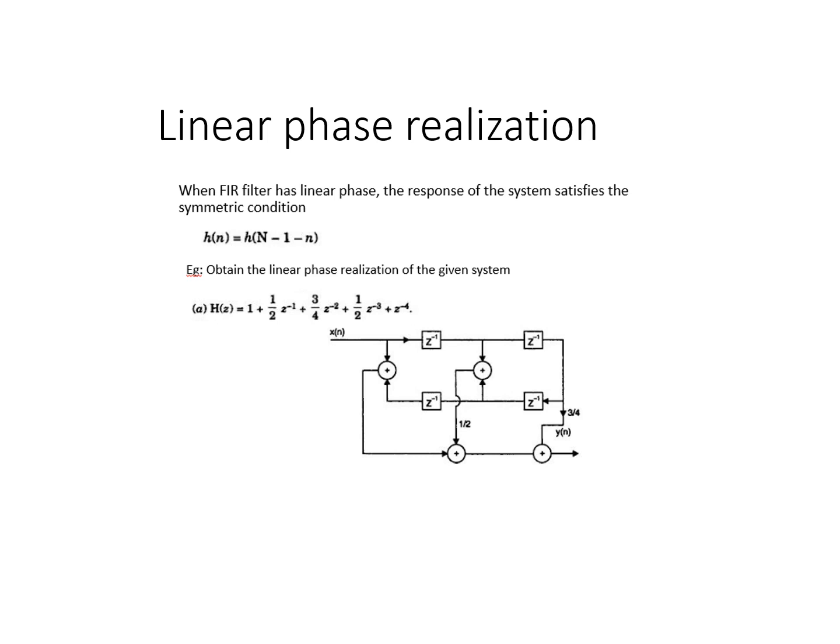So here if you see this transfer function, 1 + (1/2) z^(-1) + (3/4) z^(-2) + (1/2) z^(-3) + z^(-4). See here 1/2, here also 1/2. These two are common. We can make it as 1/2 into (z^(-1) + z^(-3)). Then similarly here 1 + z^(-4). So we can group like this.